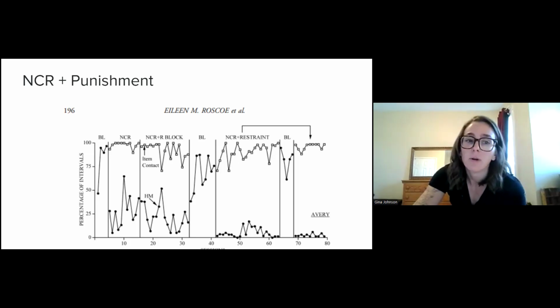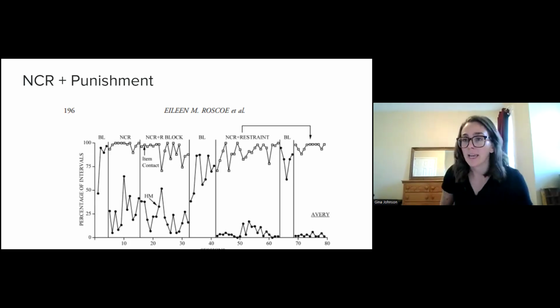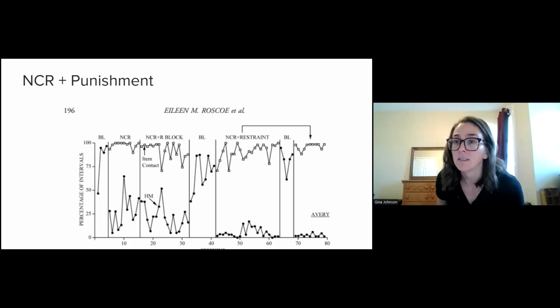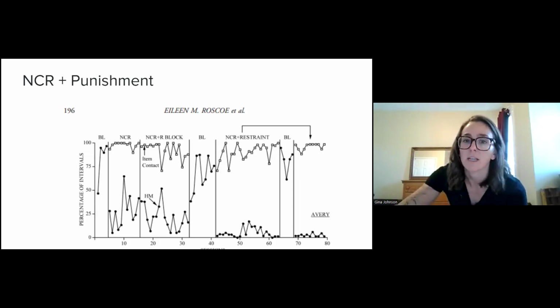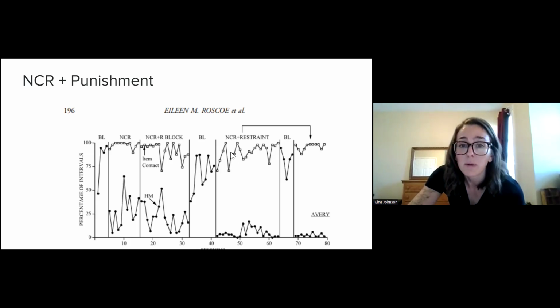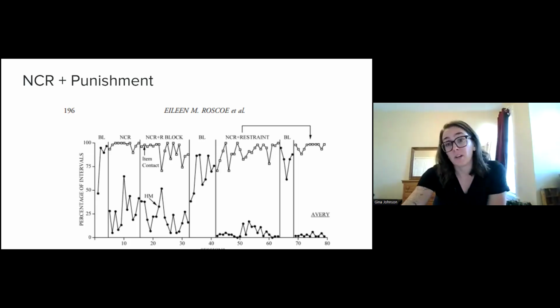When hand mouthing occurred, they just held the hands in the lap for, I think, 5 seconds. And when NCR plus restraint is implemented, the interaction with the tangibles stays very high, while hand mouthing goes way down to near 0 in that last condition.